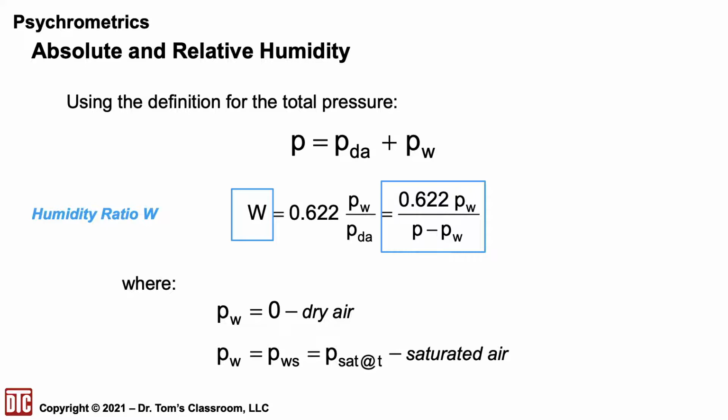Now remember, the partial pressure of water vapor is going to be 0 if the air is completely dry, and it's going to be P sat at the temperature when it's saturated. So you can find the saturation partial pressure of water vapor if you go into your steam tables and look at what P sat is at the temperature. And the partial pressure of water vapor is always going to be somewhere between those two.